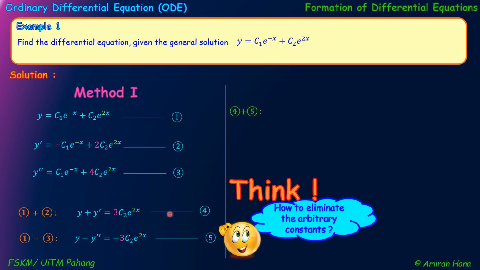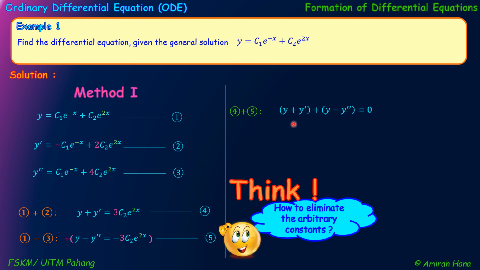After that, we add equation 4 and equation 5, because we want to eliminate constant c2. So we can put plus sign and then bracket symbol here. From the left hand side, we get y plus y prime, and then plus y minus y double prime.